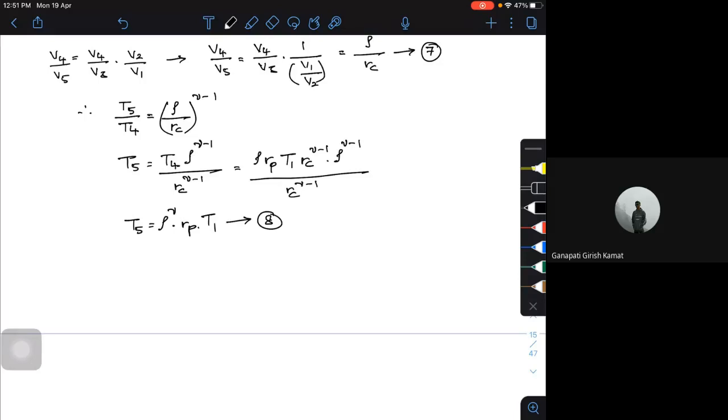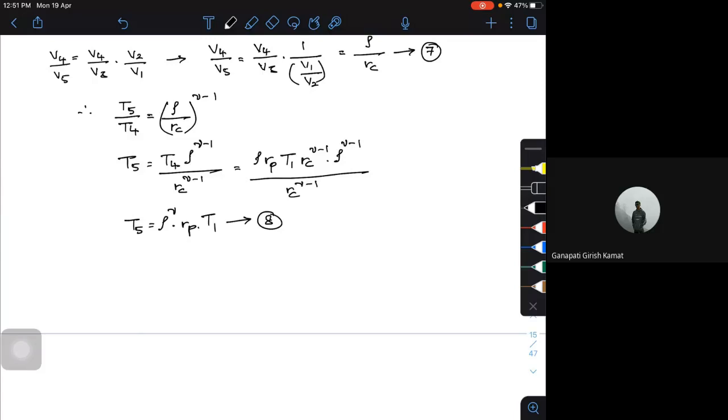RC to the power of gamma minus 1 cancels. Rho to the power of plus 1 minus 1 will cancel. I'm left with rho to the power of gamma into RP into T1. So I got the expression for temperatures T2, T3, T4 and T5.